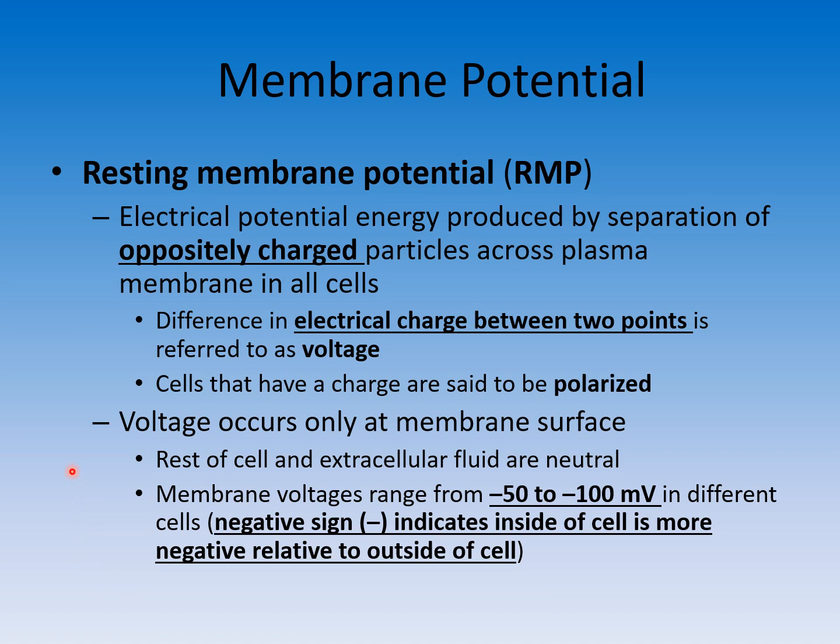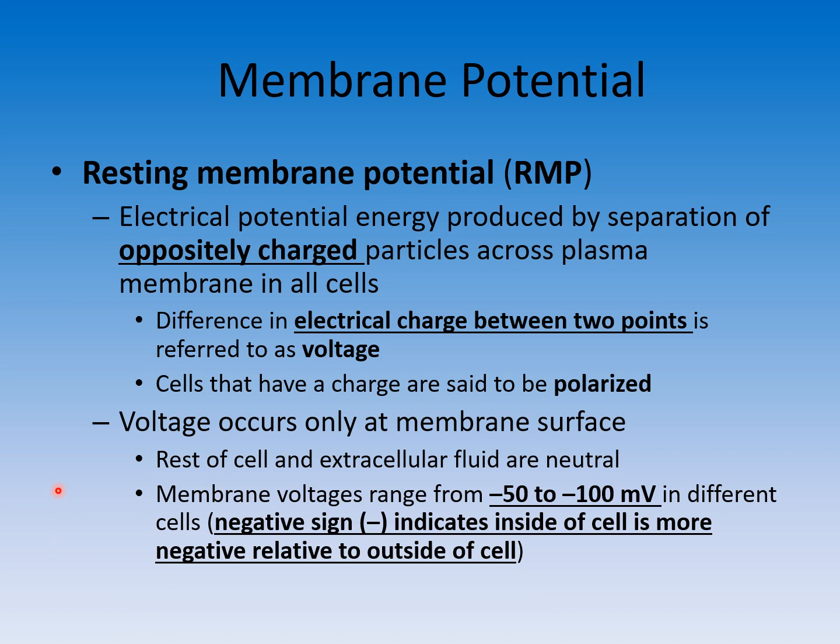You tend to have potassium on the inside of the cell, which has a +1 charge. But sometimes you also have chlorine inside the cell. And outside the cell, you have a lot of sodium, which is a +1 charge. You have calcium, which is a +2 charge.